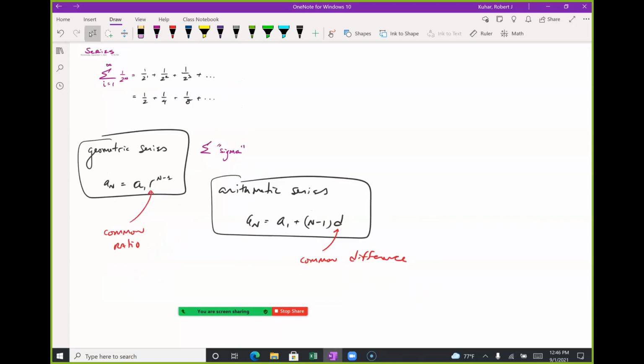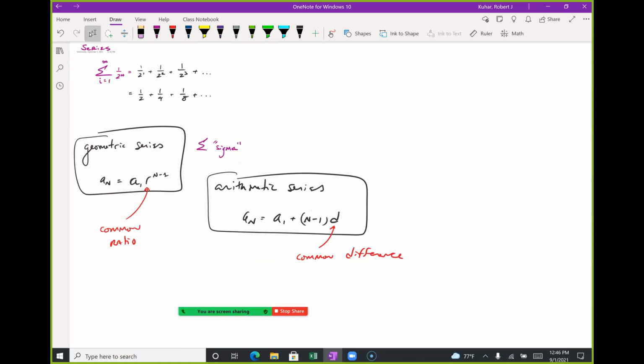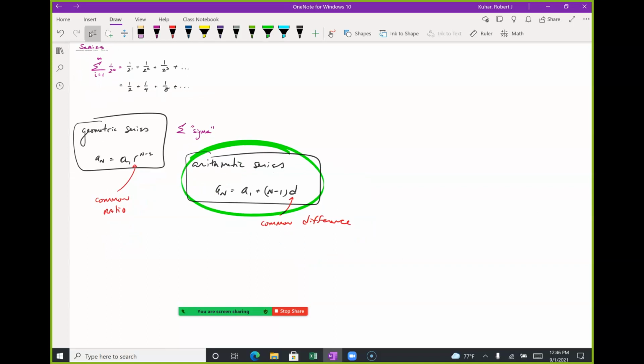So this is another way to use my arithmetic series to find my nth term. We can do another one like that real quick. So if I gave you 7, 4, 1, what comes next? Could you tell me?